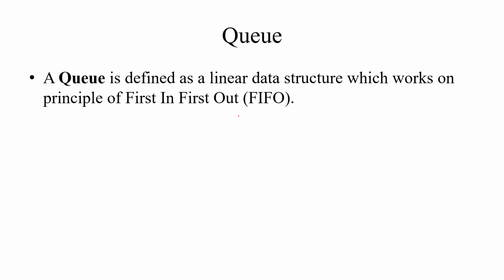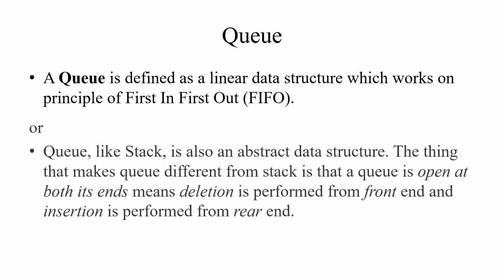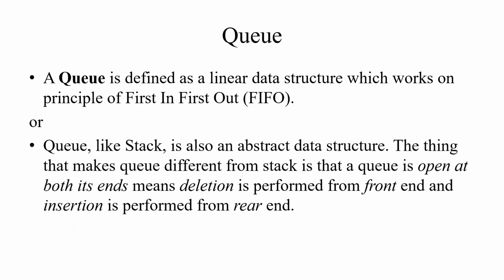So the practical examples of queues are many. For example, at a ticket counter, a bank, or in the mess, everywhere we get the first come, first served principle. Let's see another definition of queue. Queue, like stack, is also an abstract data structure. The thing that makes queue different from stack is that the queue is open at both ends.